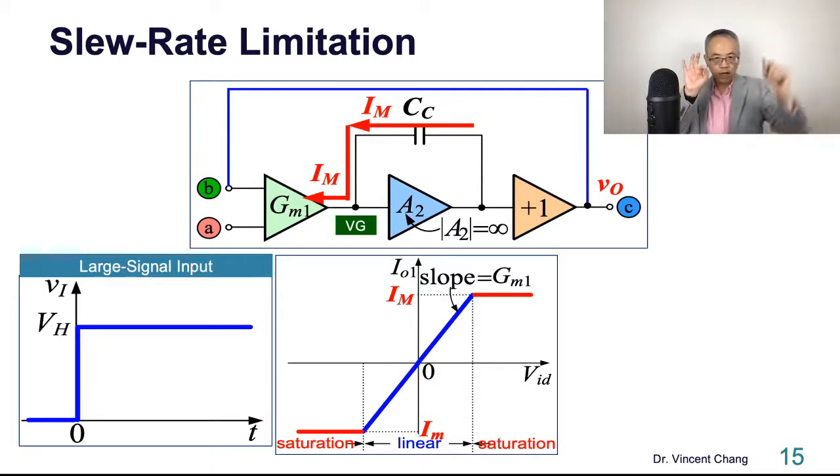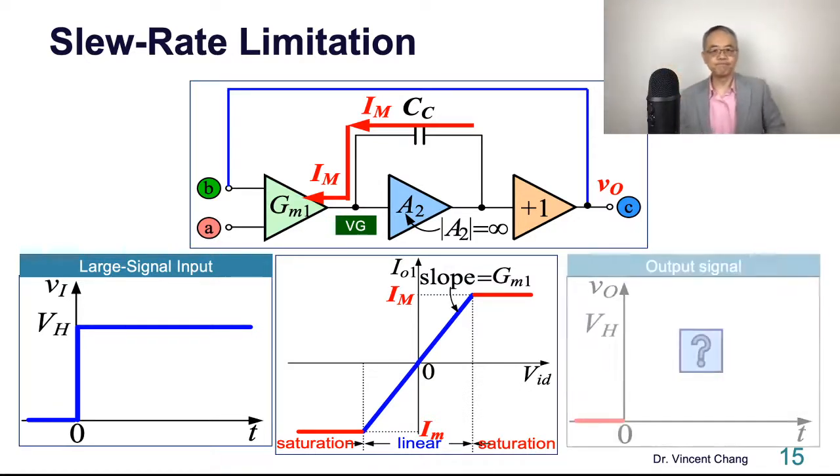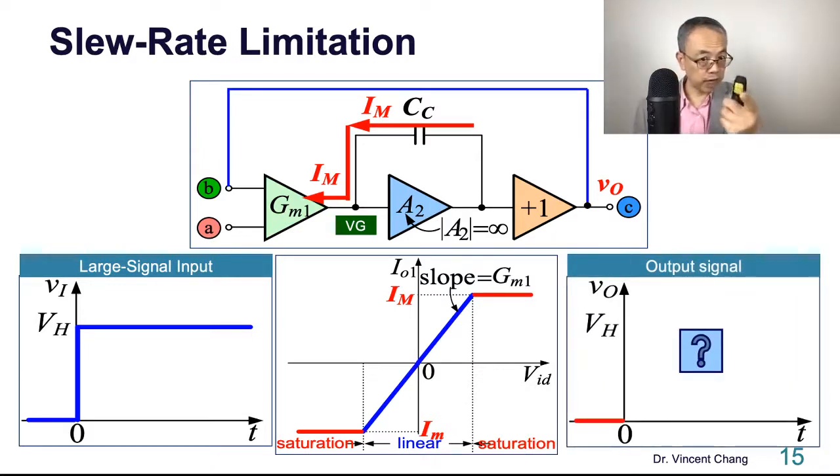So then VO becomes what? It becomes VO2, the virtual ground, so it becomes the capacitor voltage. So what kind of output waveform in this condition will show up?